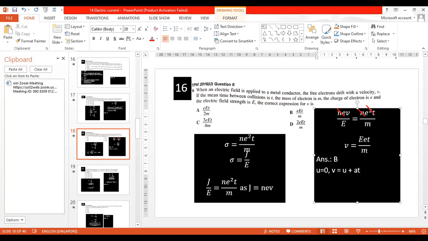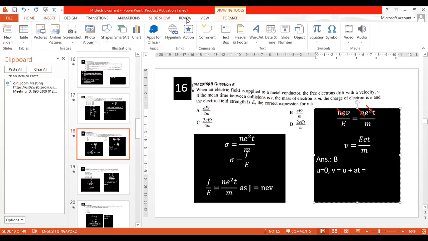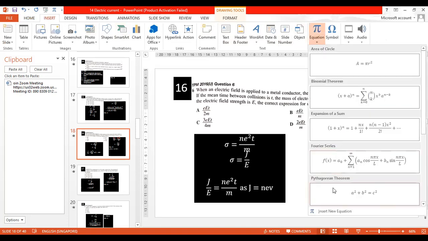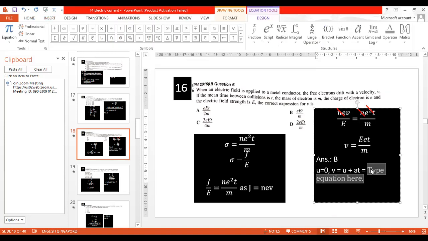If you find this is easier, your u equals to 0, and that is equals to your a, you can use a is F over m, F over m times your t.